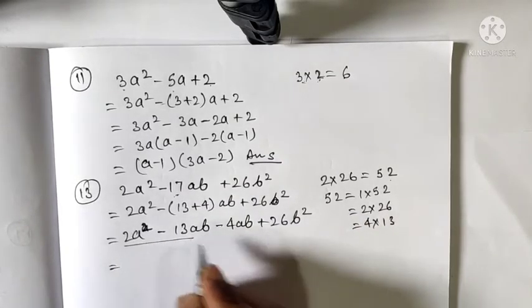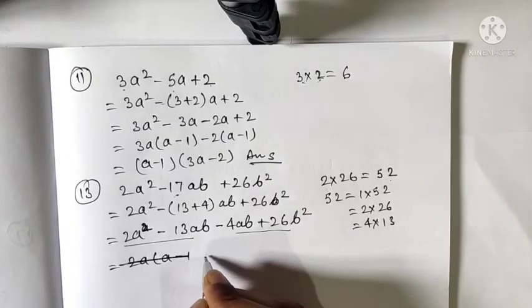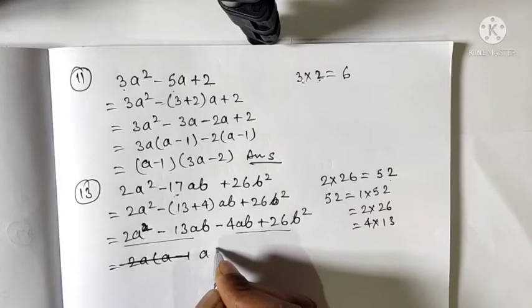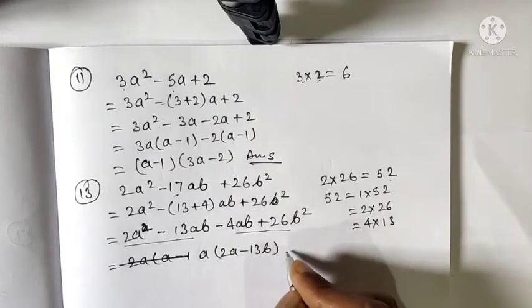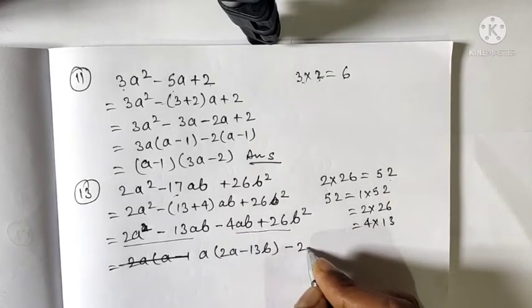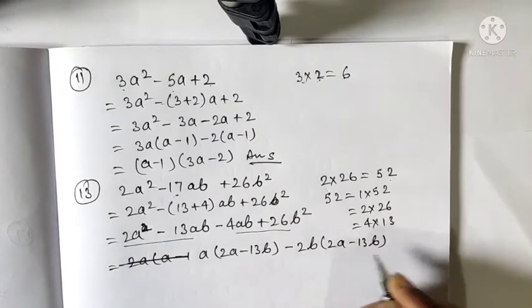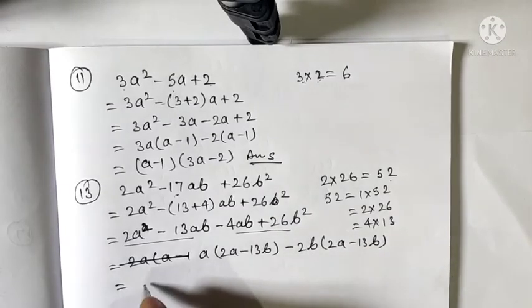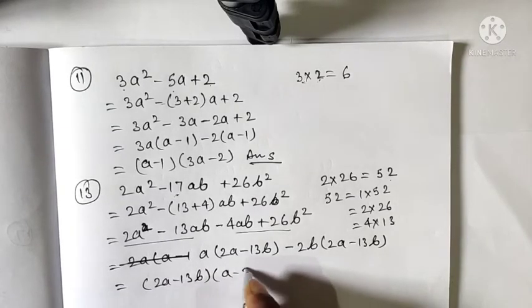Now take common from this and this, it will be a into 2a minus 13b, and minus 2b is common here, so it will be 2a minus 13b. Hence the answer is 2a minus 13b into a minus 2b. Simple.